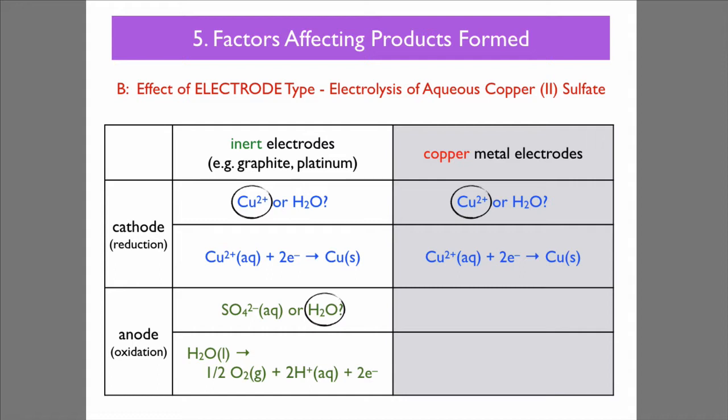So you can probably guess what's going to happen, right? At the anode, when we use inert electrodes, it's the water that is reacting at the anode. So is it going to be the sulfate, the water, or the copper? Well, it's going to be the copper. And we're going to get copper ions forming at the copper metal electrode. So there's a difference there too.